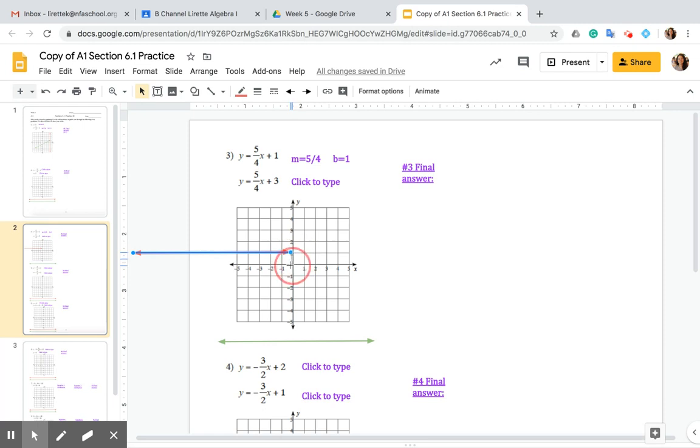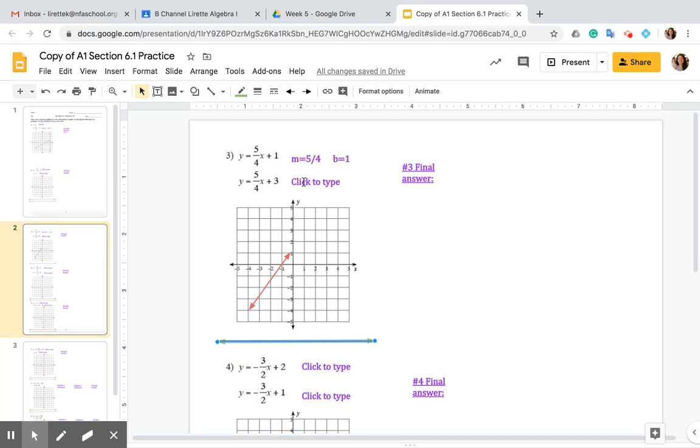So I'm going to go down 5, 1, 2, 3, 4, 5, and I'm going to go to the left 4, 1, 2, 3, 4. And this is one of those graphs I can only seem to fit 2 points, and that's okay. Hopefully it'll be enough for us to find our point of intersection.